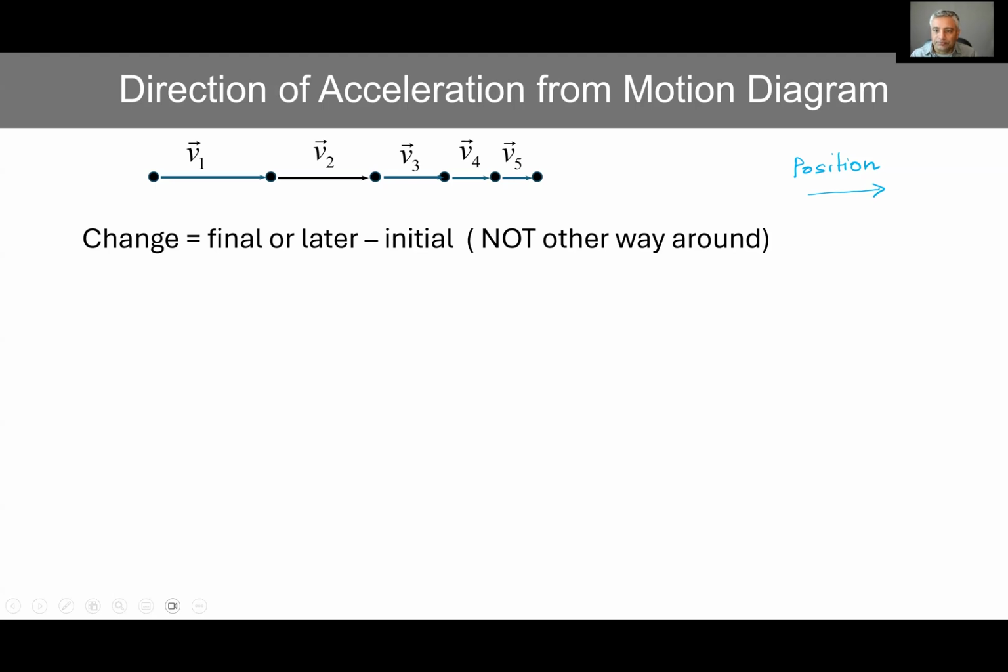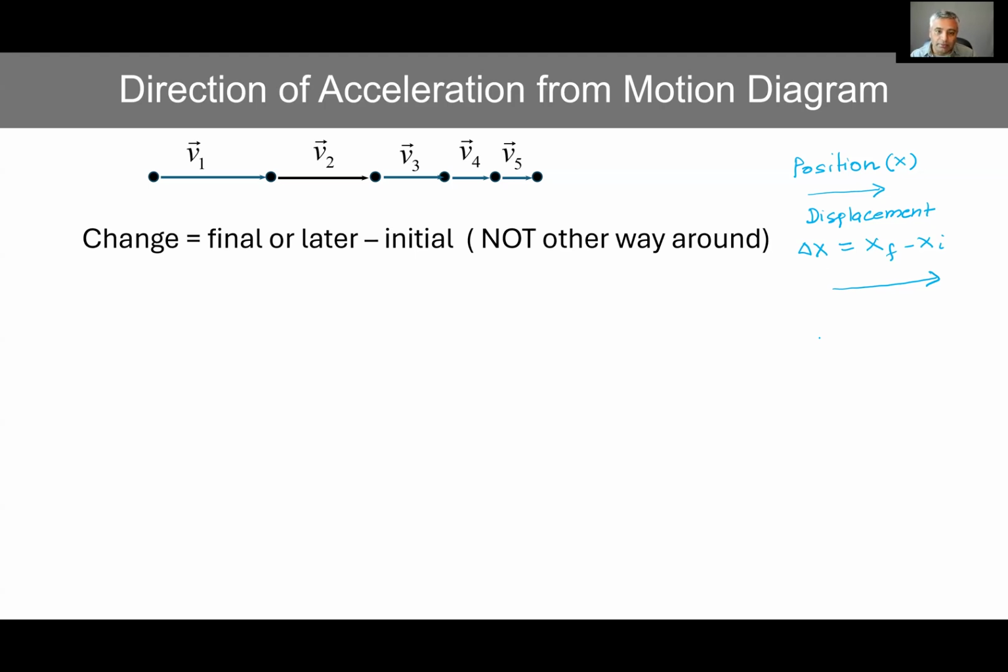Another is displacement, which is change in position. By the way, we denote position by x, and displacement is change in position, which is final minus initial. Again, we draw that as an arrow, all vectors.